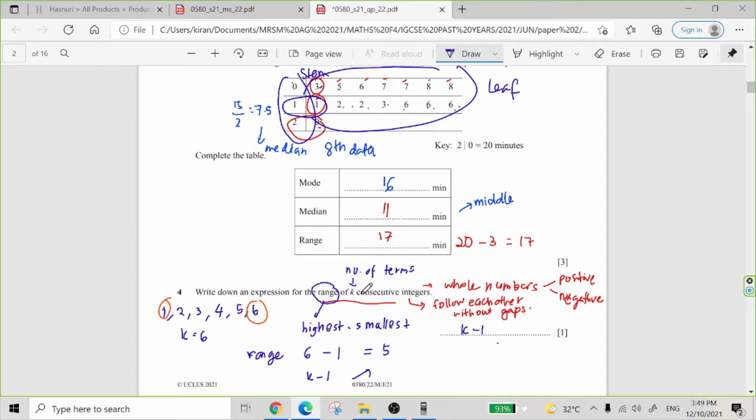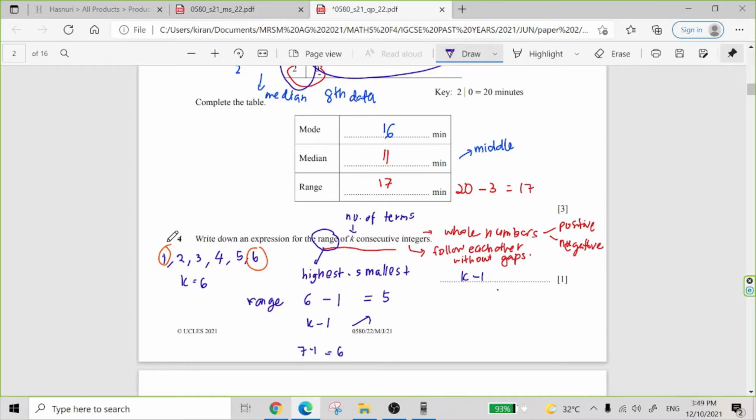What does k mean here? k is the number of terms. For example, I have 6 data here: the first term is 1, second term is 2, third term is 3, fourth term is 4, fifth term is 5, and the sixth term is 6, which means there are 6 terms.